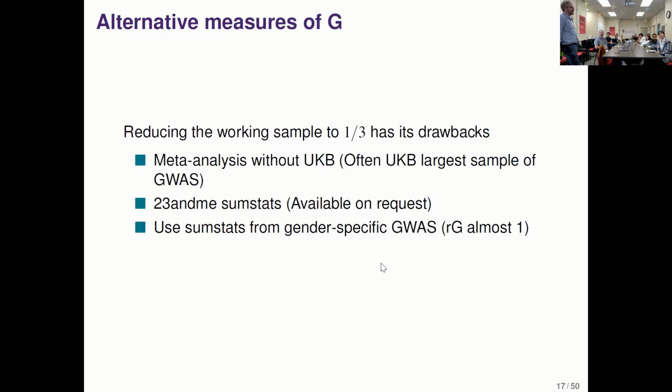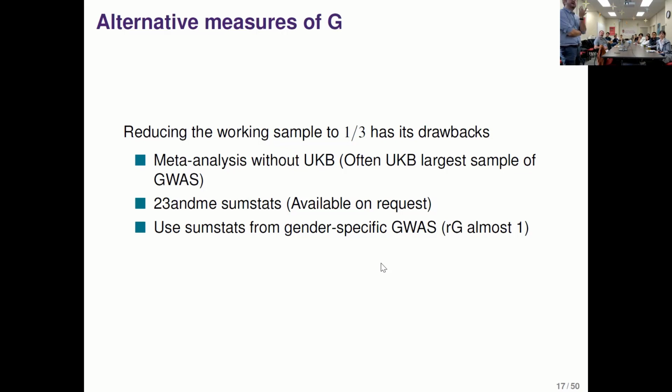Basically there are not many other samples that have information on age and sex that can be used as a training set for GWAS. We also asked 23andMe for summary statistics, since they should be large enough.